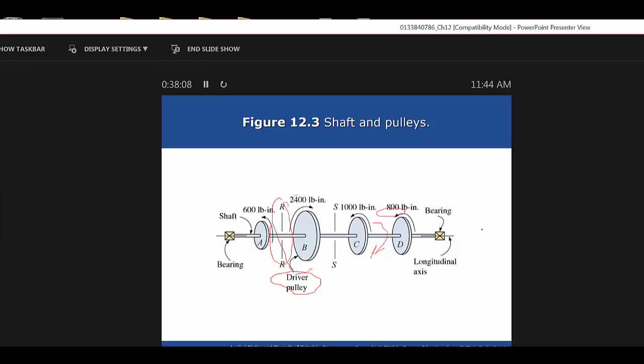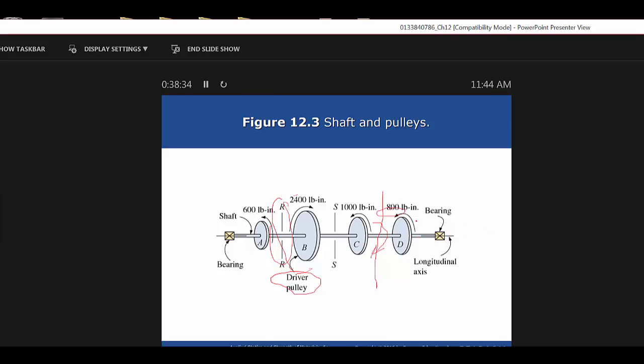Well, then if we cut it at the section between C and D, right here, and we only looked at this part, we only have 800 then resisting, don't we? So this shaft can be a little bit smaller, from here to here. We only have 800 pounds-inches that we have to resist.